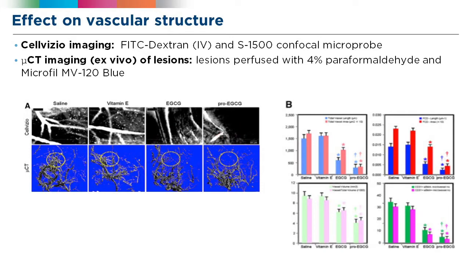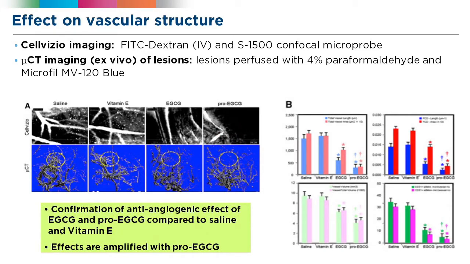And what can be revealed is that you see fewer vessels when EGCG or pro-EGCG are administered compared to saline or vitamin E, and those effects are amplified when using pro-EGCG. You can see this on the images, but the users also compared, for example, the functional capillary density or the total vessel length across those four types of treatment.